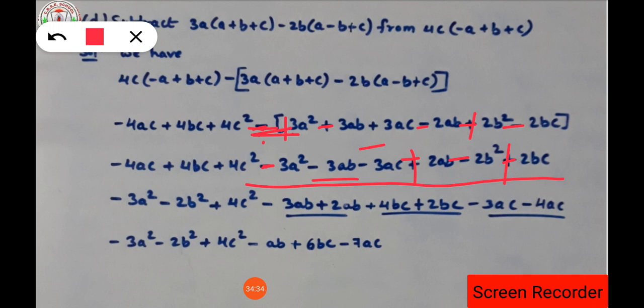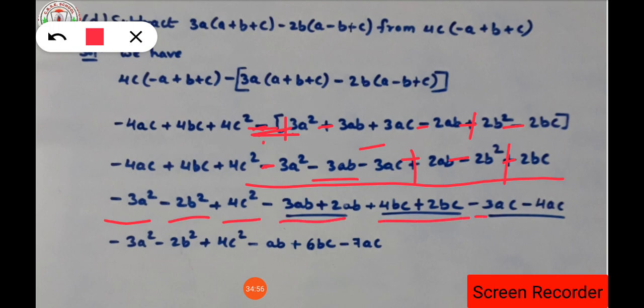Now after multiplying the minus sign to each term inside the bracket, we are going to make the pairs. Minus 3a square does not have any pair, it is an unlike term. Minus 2b square does not have any pair. Plus 4c square does not have any pair.